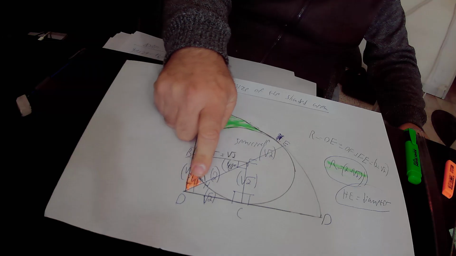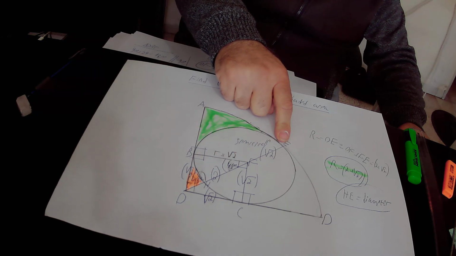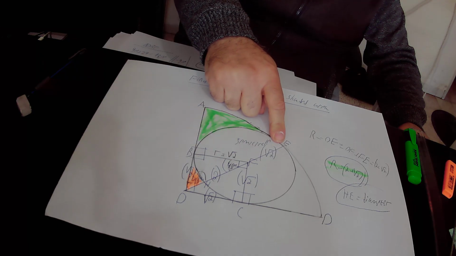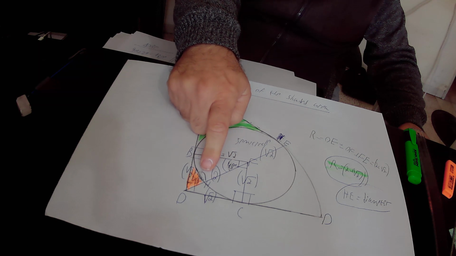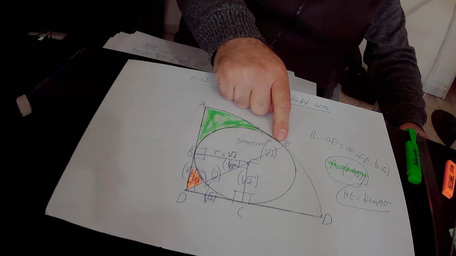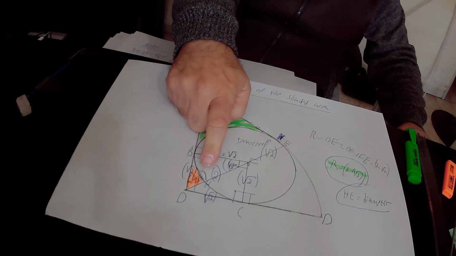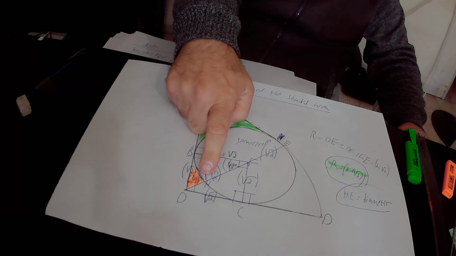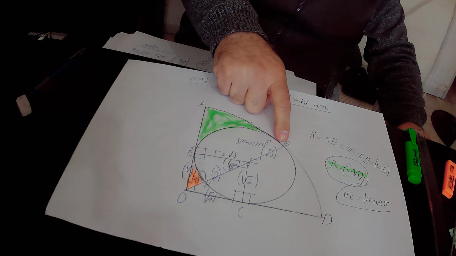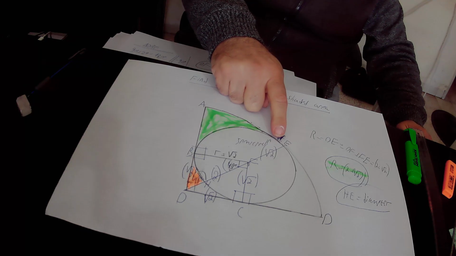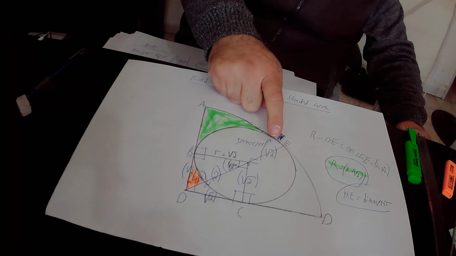If OE is the radius of the big circle and FE is part of the radius, therefore it also must be a straight line. So FE is a straight line. FE is the straight line that touches the small circle here at point H and here at point E. Whenever you have a straight line that touches the circle at 2 points, it must be a chord.